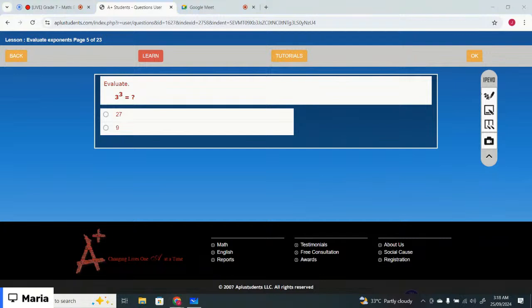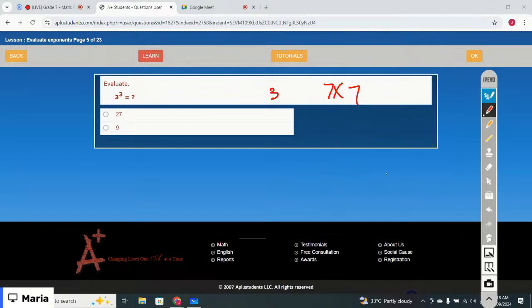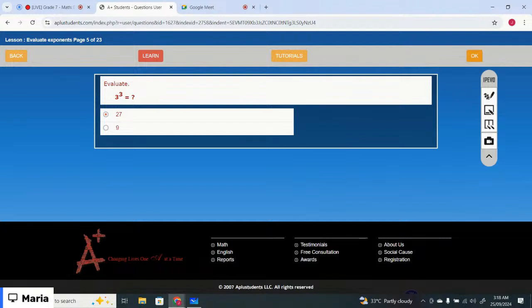You have to do 3 times 3 times 3. 3 times 3 is 9 and 9 times 3 is 27. Option number 1 is the correct option, right? That is 27. Option number 1 is the correct option.